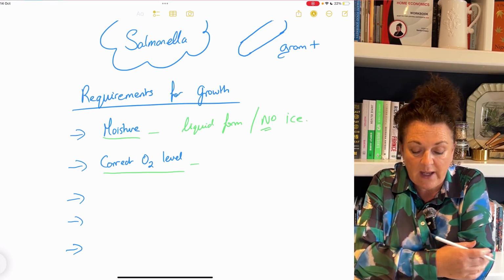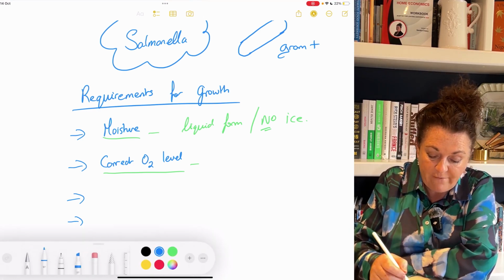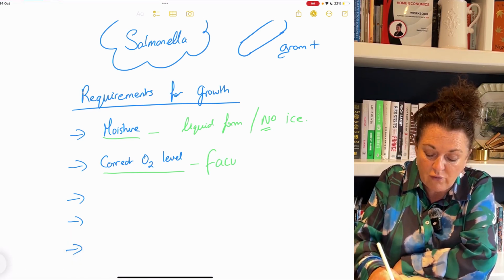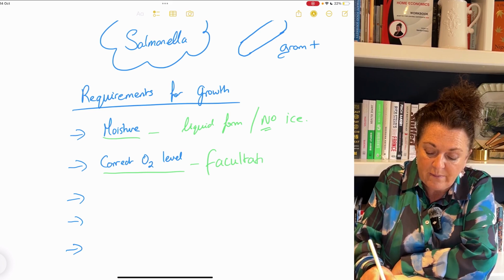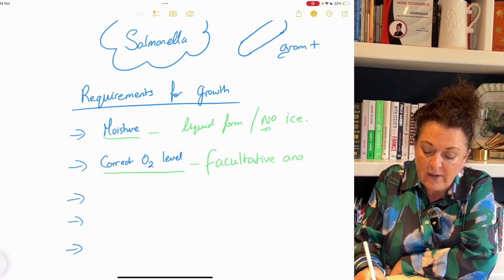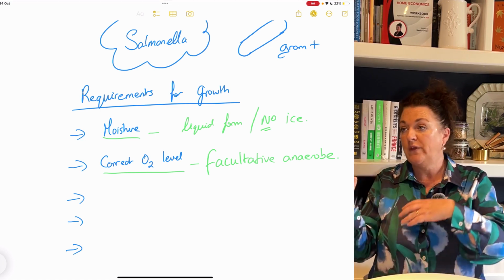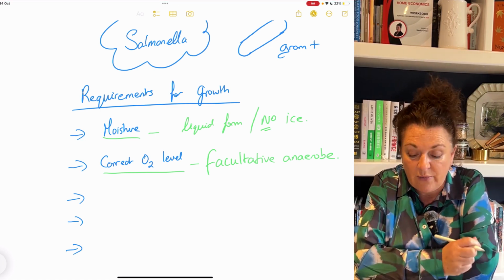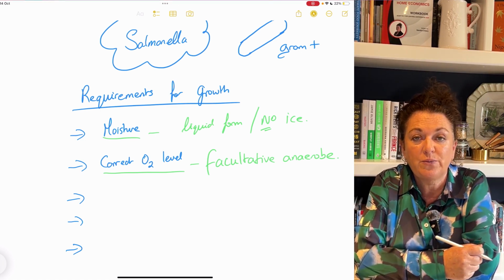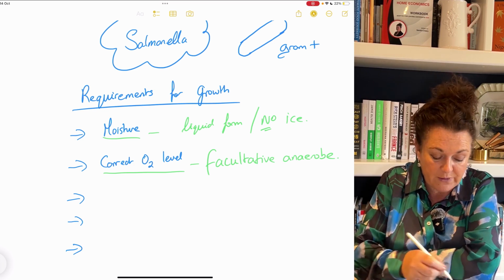Now, Salmonella happens to be what we call a facultative anaerobe. So that means that it can adapt to either situation, with or without the presence of oxygen, but if it had its way, Salmonella would much prefer an anaerobic environment.